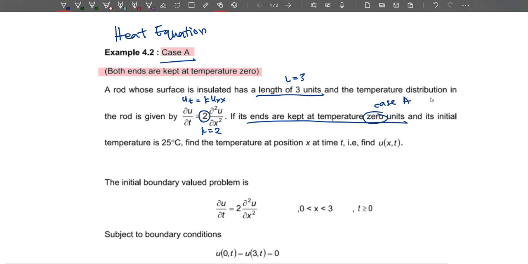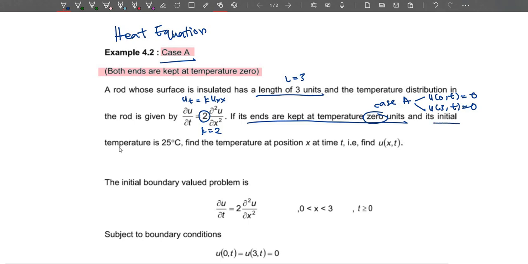When it is case A, it means the first boundary condition is u(0,t) equal to 0. And the next boundary condition is u(L,t). Since L is equal to 3, so u(3,t) is equal to 0 then.